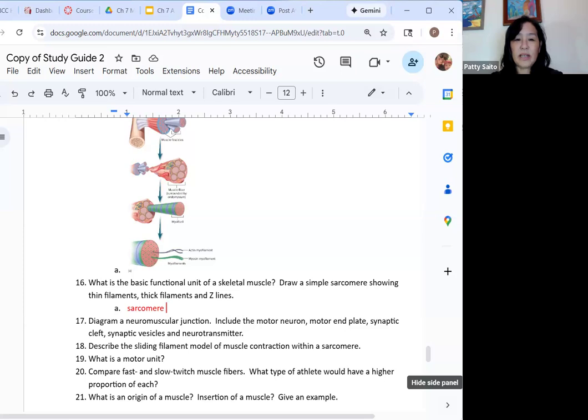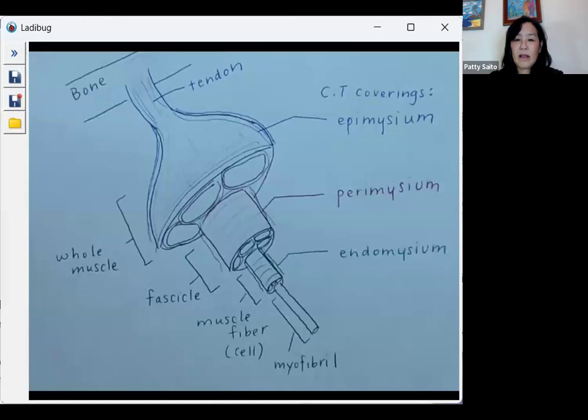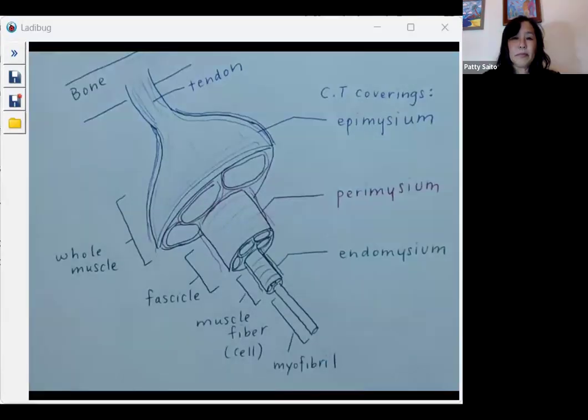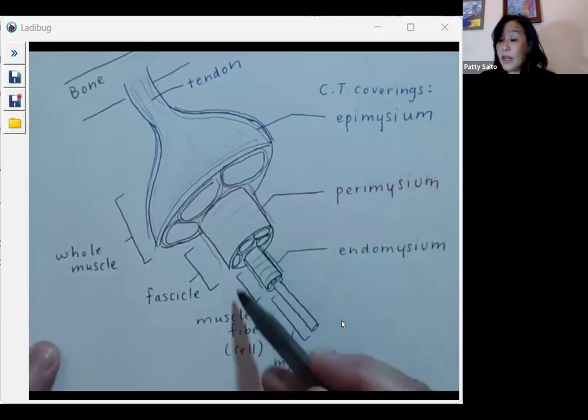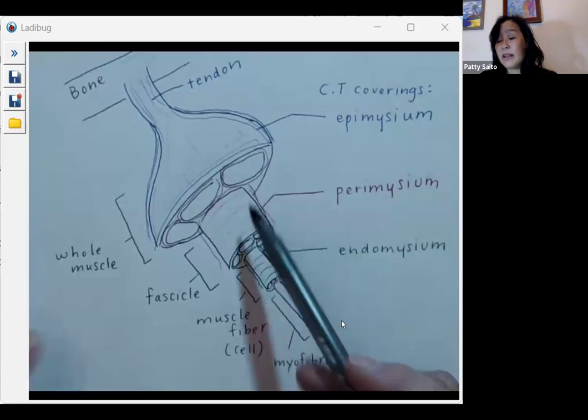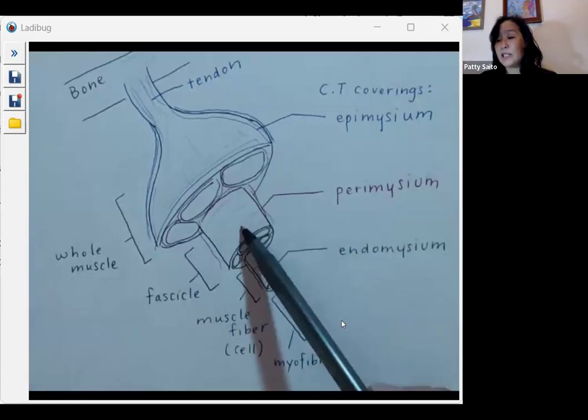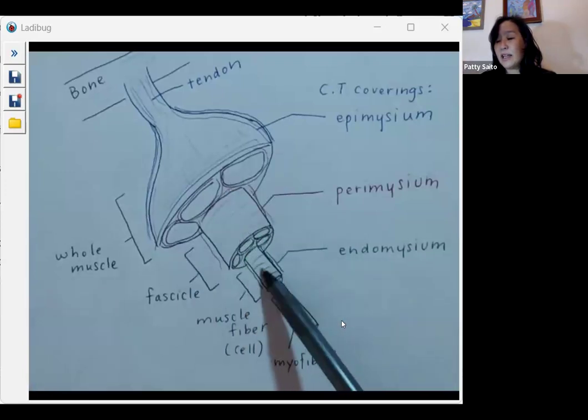So let's go ahead and go back to our drawing. All right, so now let's take a look. What we're going to do is we're going to look at kind of this area here. And so the thing is that each section looks like the previous section.